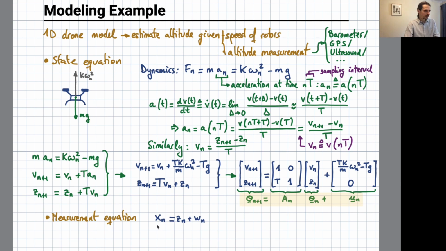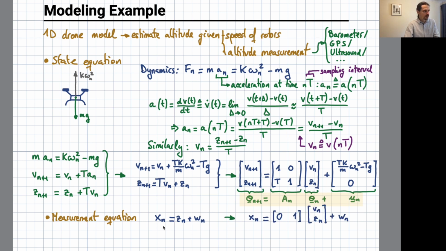Okay, so besides a state equation, we need a measurement equation. As we said, the altitude is measured by means of a sensor that is directly measuring the altitude. Therefore we can write the measurement provided by it as the true altitude plus some noise. Okay, this is a measurement noise.